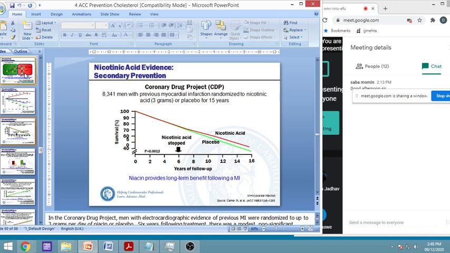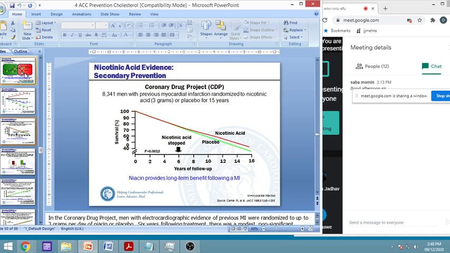Then if we go to these activities, we can see that niacin provides a long-term benefit after myocardial infarction. It can be given for that, and it helps in reducing the rate of myocardial disease, or it improves the survival of people for up to 6 or 7 years.